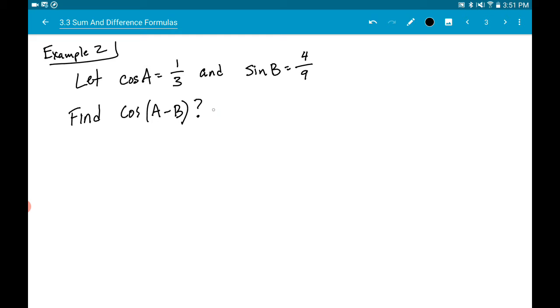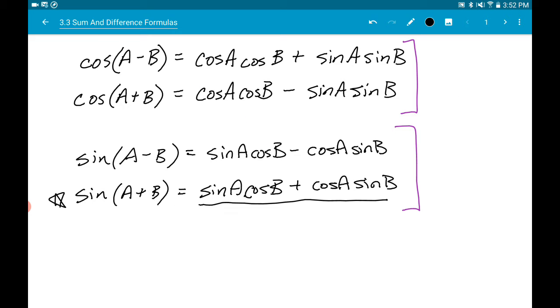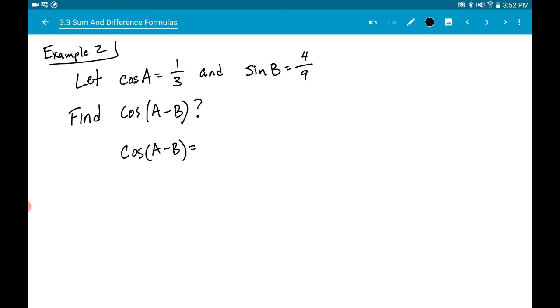So cosine of A minus B is a slightly different formula. We can reference it here, cosine of A minus B. And so if I write that down, it's going to be cosine A cosine B plus sine A sine B. And again, I have some of these.